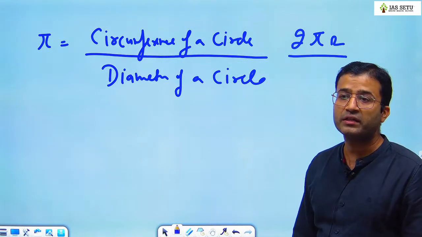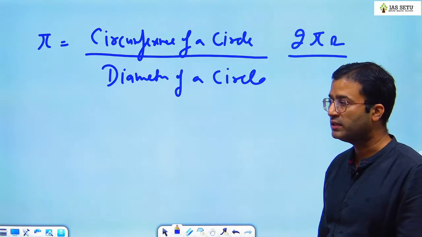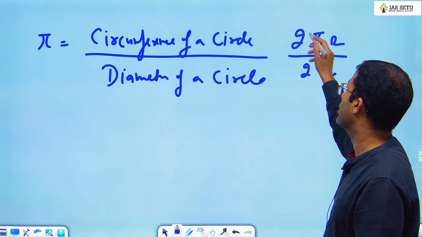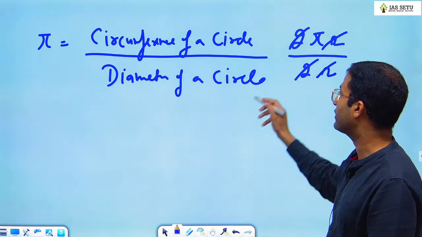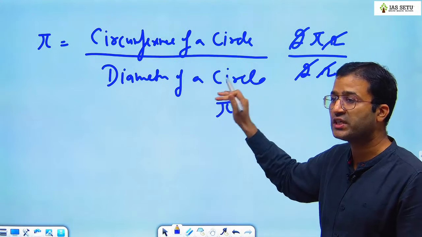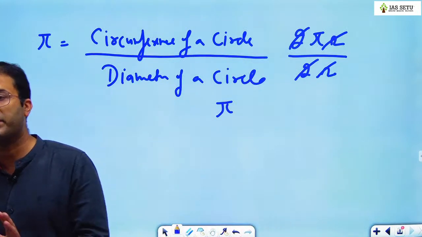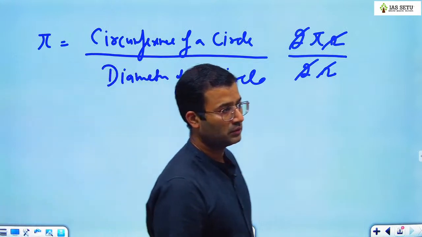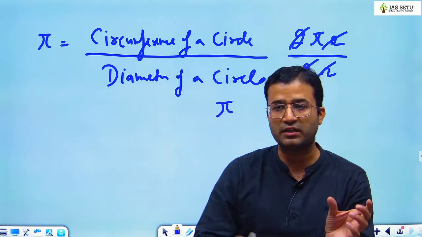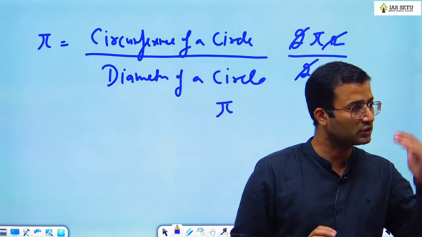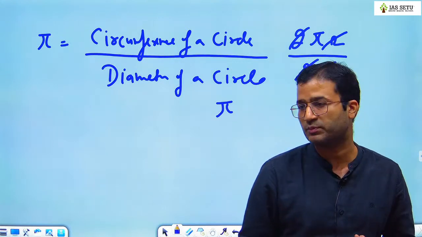What is diameter? Double of radius. Diameter is 2r. 2 cancels 2, r cancels r, so pi is the circumference of a circle divided by the diameter of a circle. The ratio of the circumference and diameter is pi.